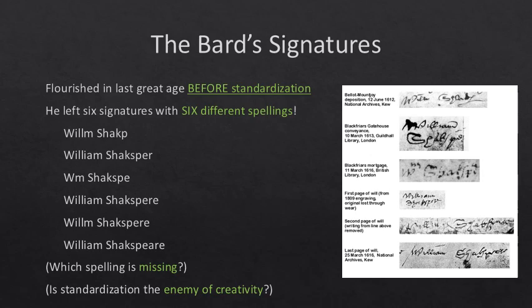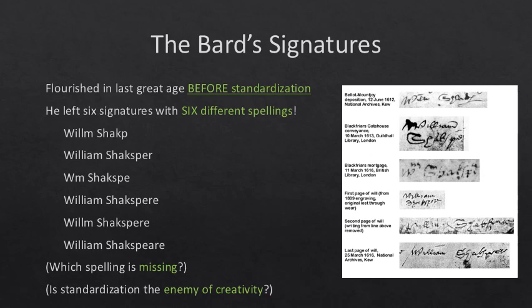Even Shakespeare, who's sort of universally acknowledged as the most significant, the most important, if not the greatest or best, whatever that means, English author, signed his own name with 6 different spellings. William Shakespeare, William Shakespeare, William Shakespeare, William Shakespeare with an E, and William Shakespeare.